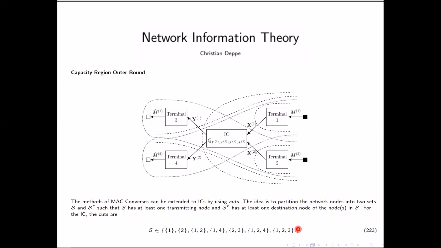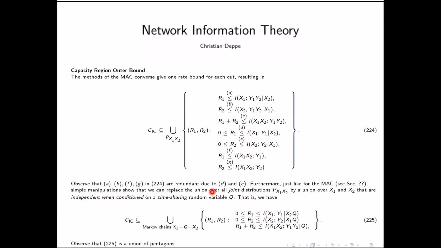Therefore, we can do this estimation and use all the methods we use for the MAC converse. So in principle, if you look at the situation we have when we do the cut, it's comparable to the situation that we have for the MAC. Putting all this together, we get these inequalities here.